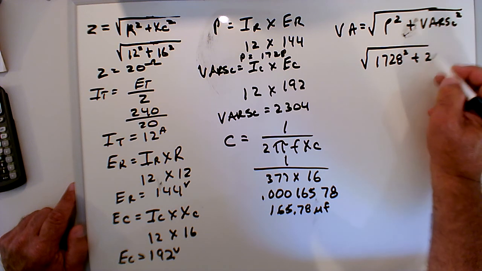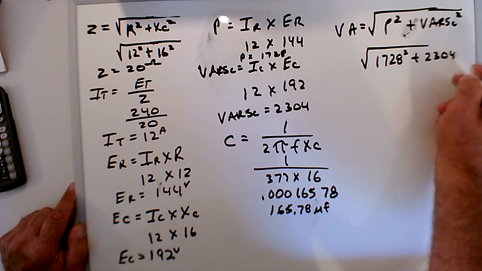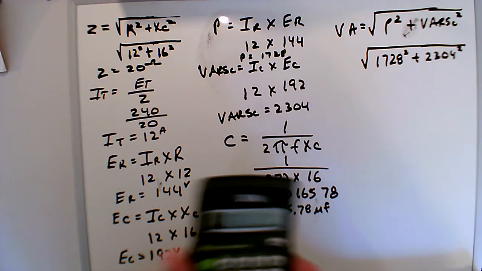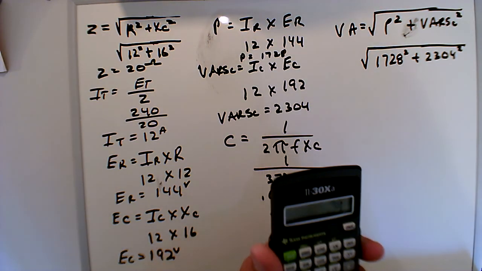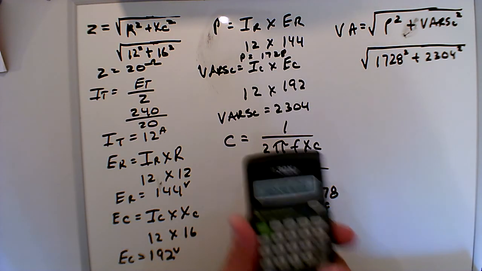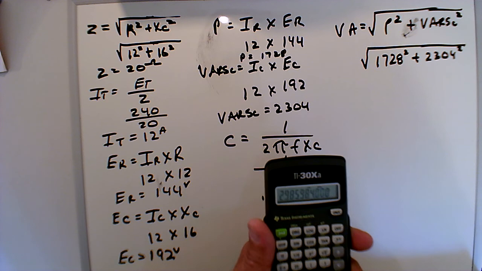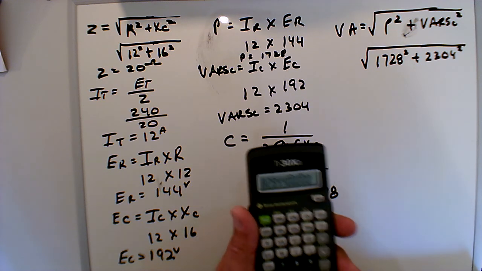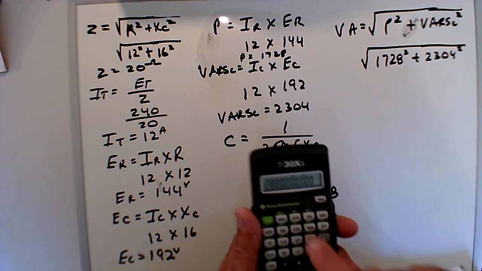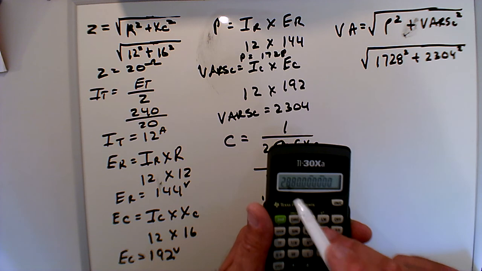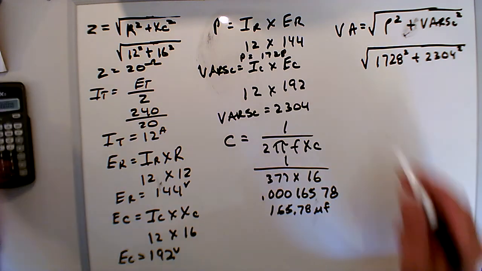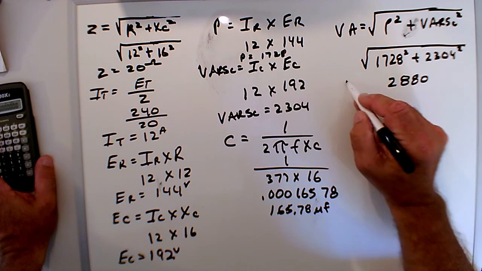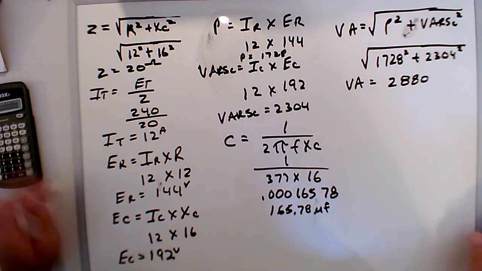So 1,728 squared plus 2,304 squared equals, and then find the square root of that, it tells me 2,880 VA. 2,880 is what my VA is.